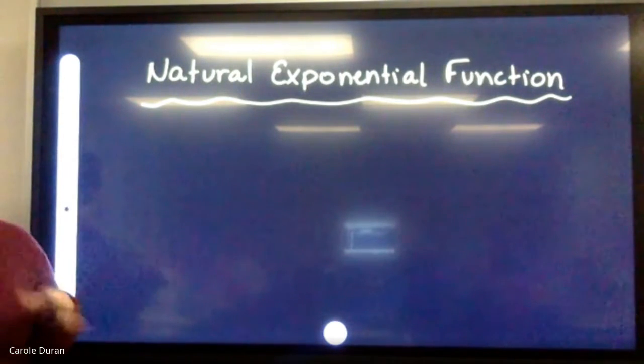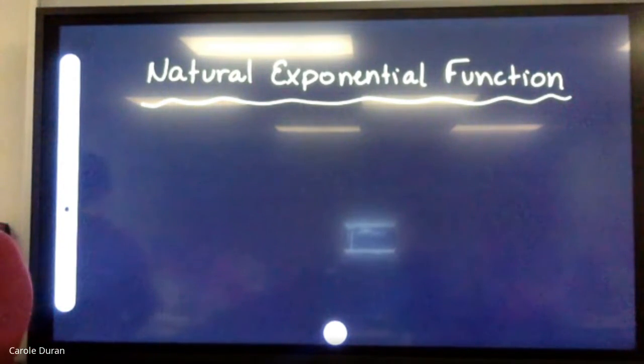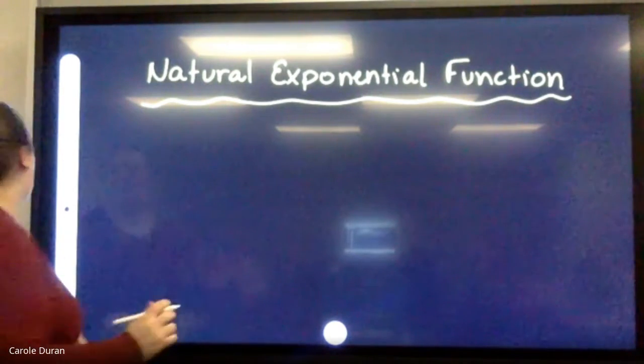Before we get into that, I would like to review a compound interest problem from yesterday, just so I know that we know how to do it, since we didn't get to spend a whole lot of time on it.